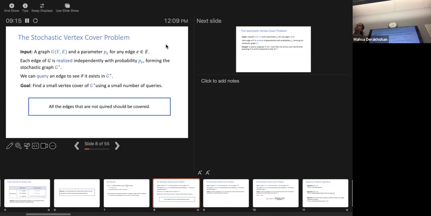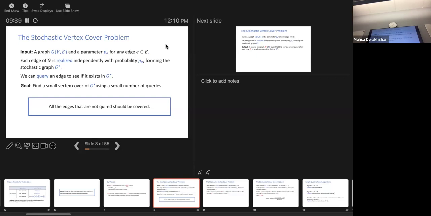Something that I need to note here is that I want my solution to be valid always. So any edge that I do not query should be covered, right? Because there's a chance that that edge may be realized, and in that case, the solution I output will not be valid.